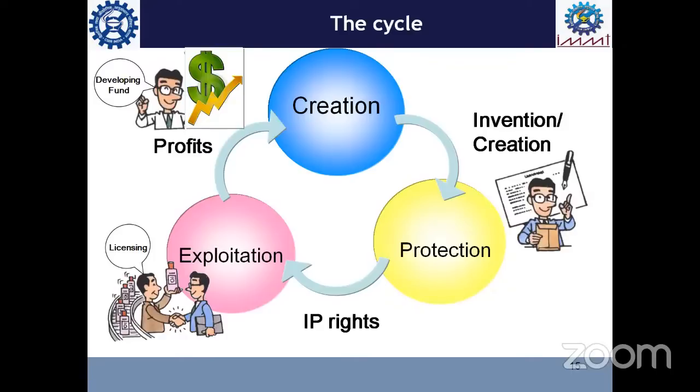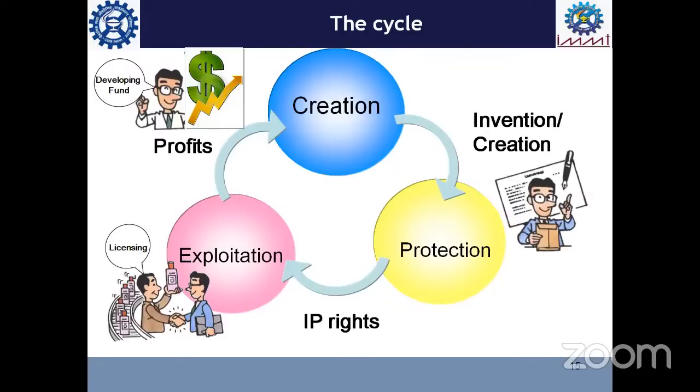But once you opt for protecting your invention or your creation, you will get some rights because you are protecting your creation through intellectual property. Once you protect it, you will get some rights. Through those rights, you can go for a systematic exploitation.